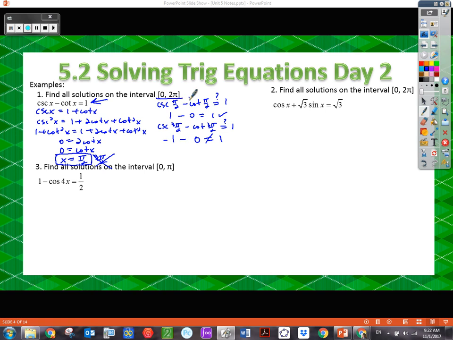Generating both these solutions, discovering that 3 pi over 2 doesn't work and crossing it out, that's going to be part of your work, right? You're going to get points for that. If you don't do that, then you won't get those points. Do you have to show all this? No, you can do it in your head if you want to. I'm fine with that. But we need to recognize that these two are possible solutions and then recognize that one of them is not. Does that make sense?